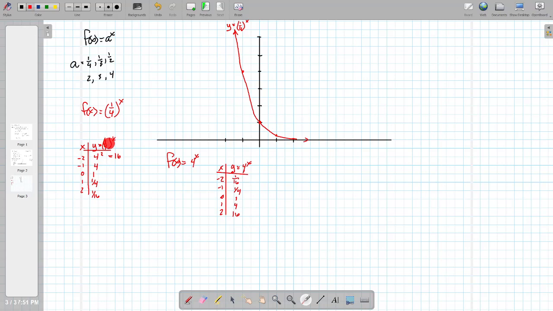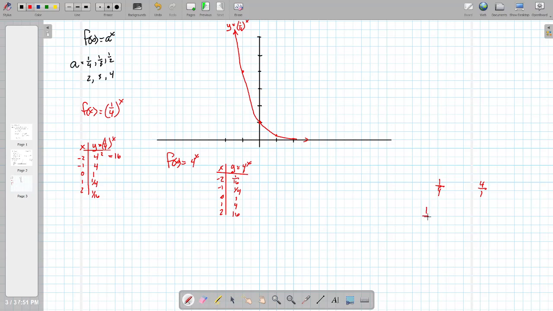Why is that? Well, this and this are related because they are reciprocals of each other. So 1/4, if we take the reciprocal of 1/4, we would have 4/1, which is exactly 4. Now, remember what a negative exponent does.